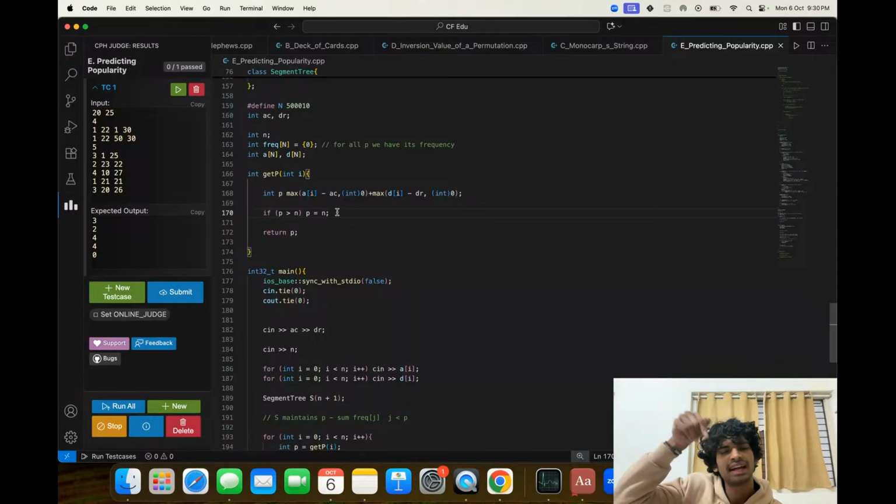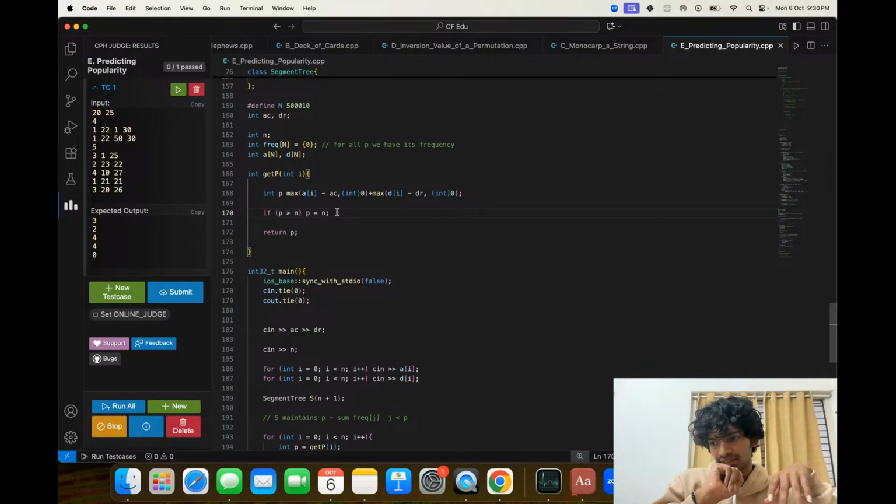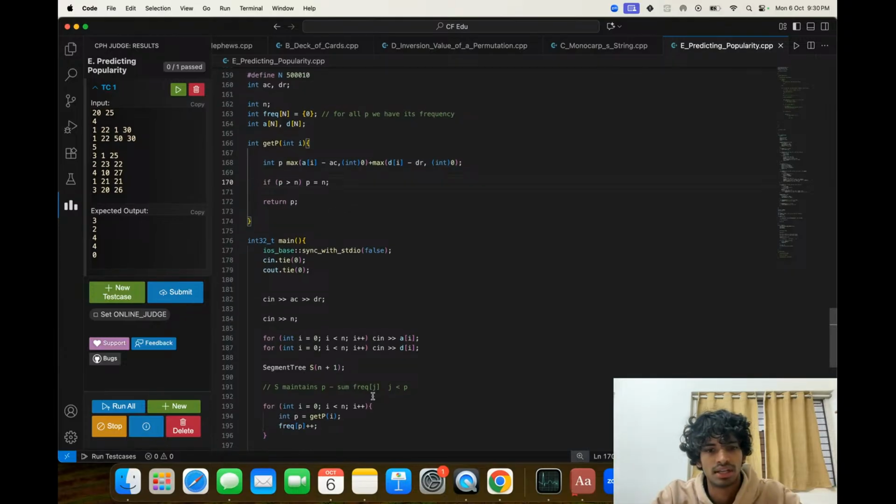I'm thinking, what if that guy doesn't exist? For this p, it became negative. But if that guy doesn't exist, still it's worse for this guy also, right? That guy itself doesn't exist. So I think we can find the answer like this.